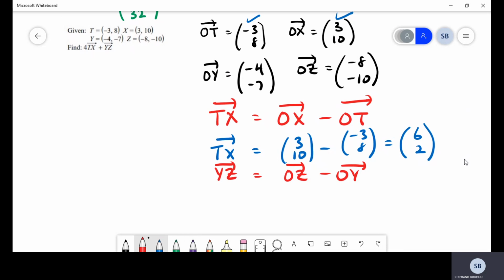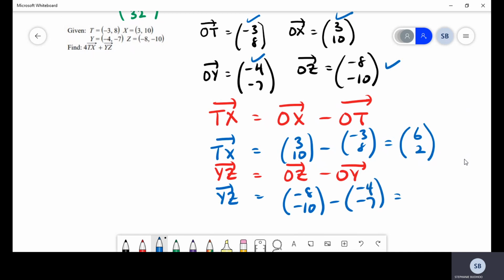It's not that difficult to separate. Now we simply substitute our values. We have OZ being -8, -10, and OY being -4, -7. That's -8 plus 4, which is -4, and -10 plus 7, which is -3.